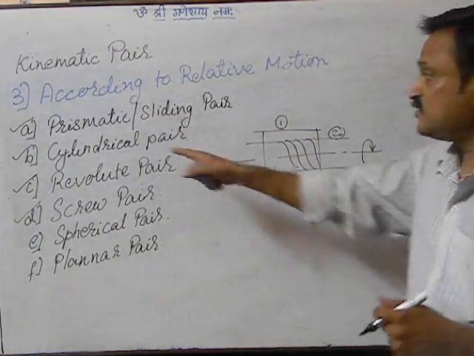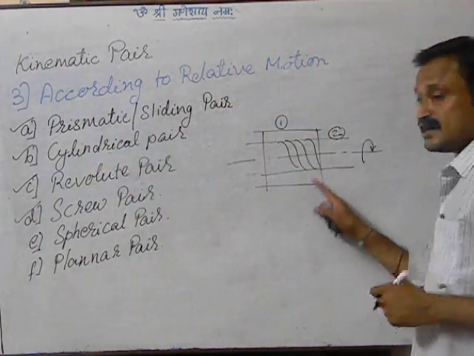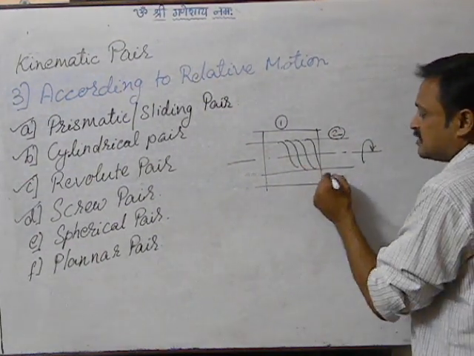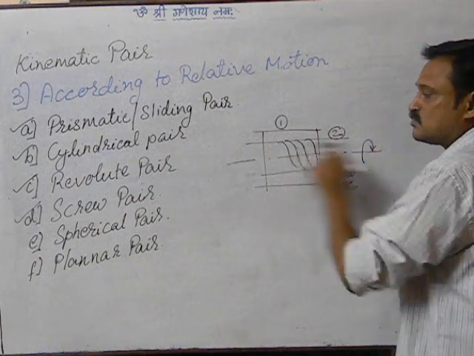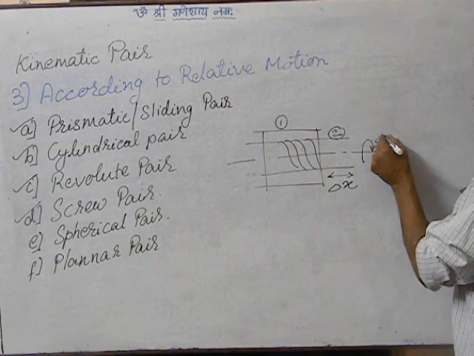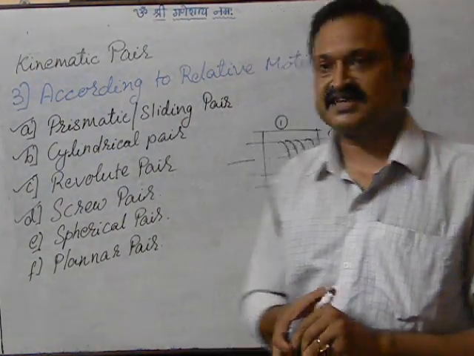So it is forming a closed pair. Whereas in case of a revolute cylindrical pair, I can call it an open pair, right? When I turn it, it is going to move ahead, so it will definitely have a linear motion. This link number 2 will have linear motion as well as rotational motion, say delta theta.